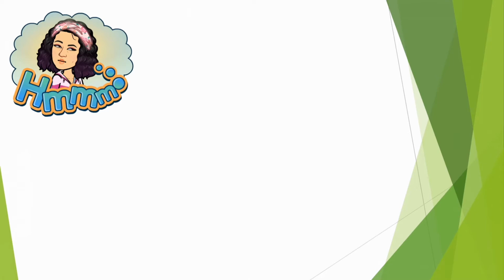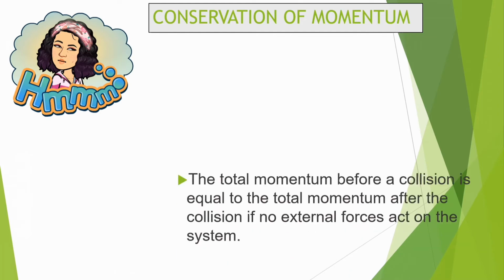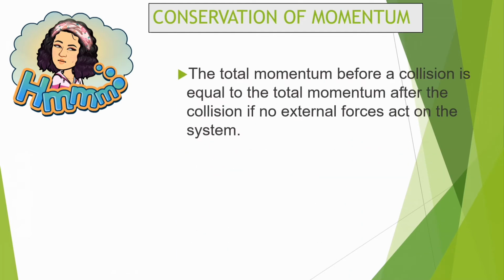The movement of the marbles in Newton's cradle can be explained by our lesson for today, which is the conservation of momentum, which states that the total momentum before a collision is equal to the total momentum after the collision if no external forces act on the system.